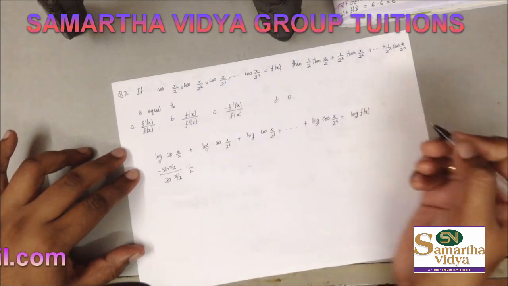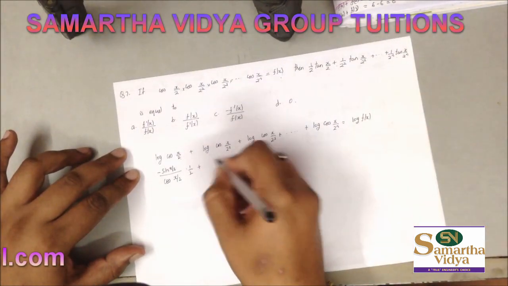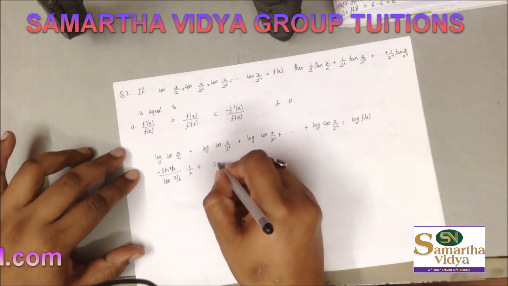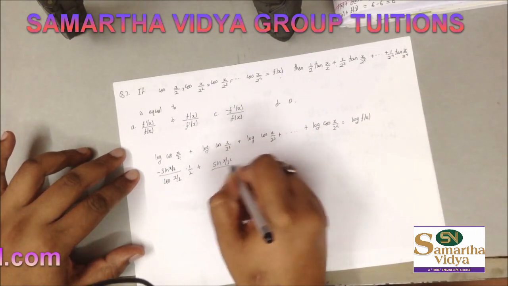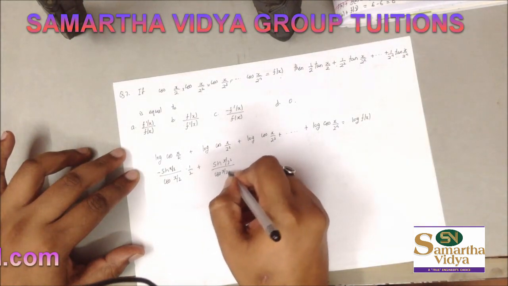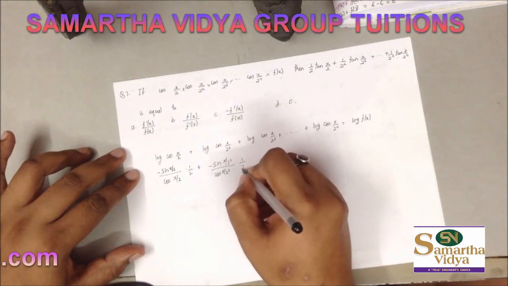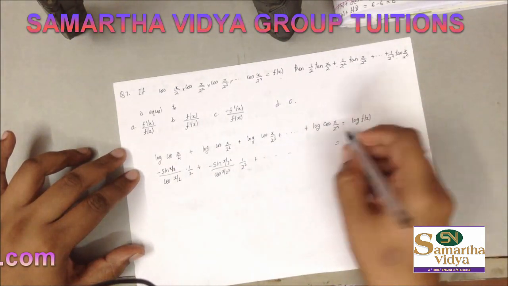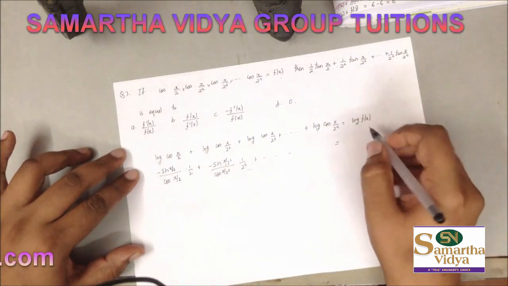So you have a half term which is present. So in the same format, you will be getting the other terms also. So this becomes sine x by 2 upon cos x by 2 with a minus sign and 1 by 2 square. So in the same format, we have all the terms. I'm not solving that. Just going to the last one.